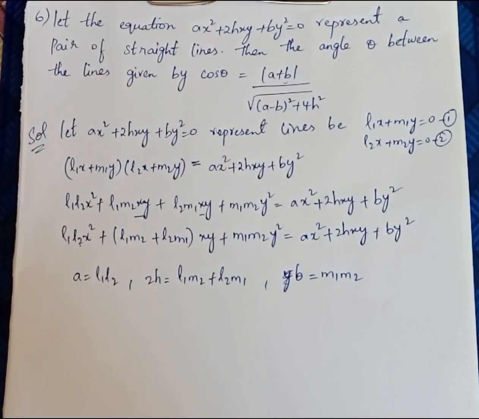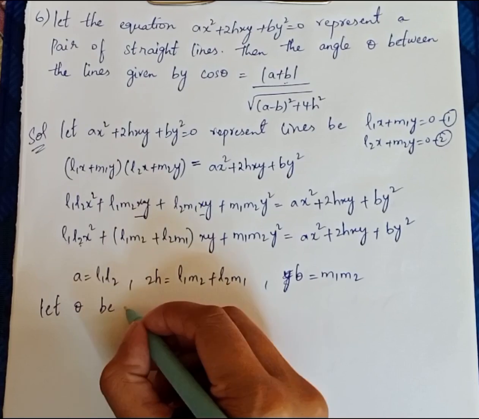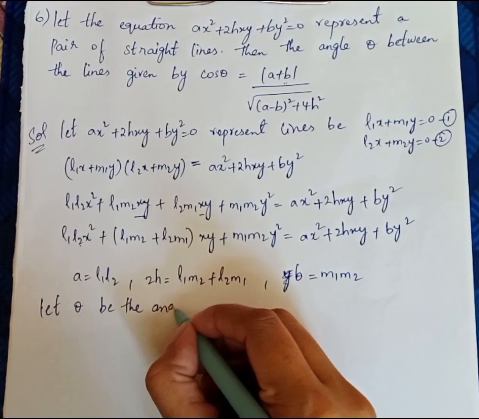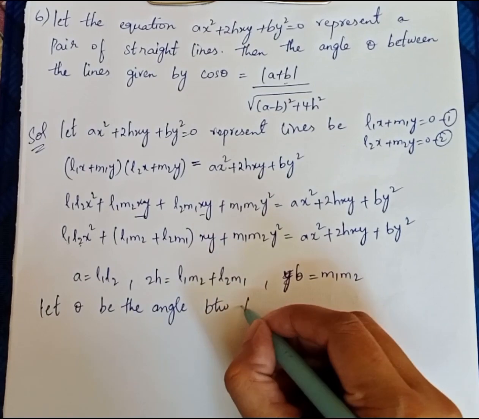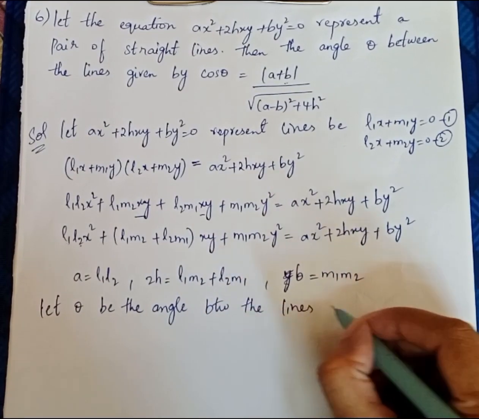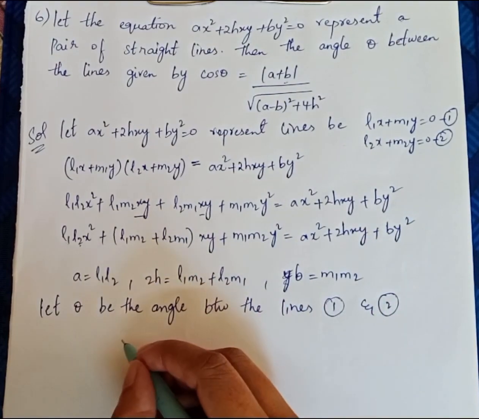Okay, now let theta be the angle between the lines 1 and 2. Then here is the formula.